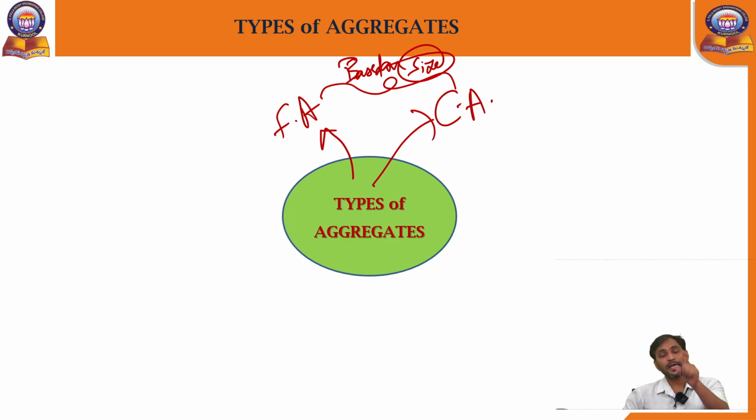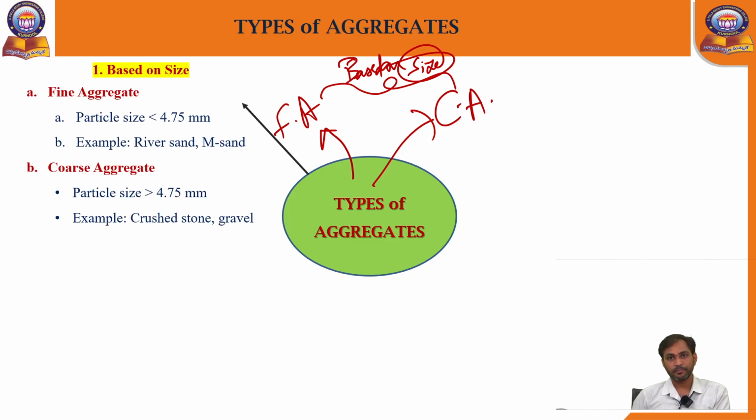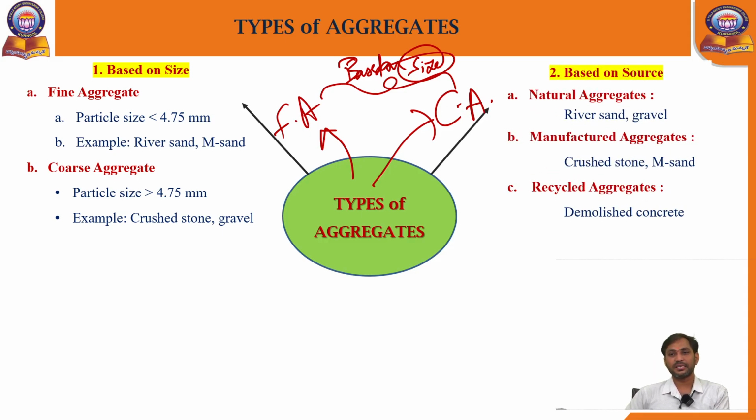So the types of aggregates depend on the classification of aggregates. Now we will see each classification. Based on size, the type of aggregate is divided. Second one, classification based on sources: natural source, or manufactured source, or recycled sources.